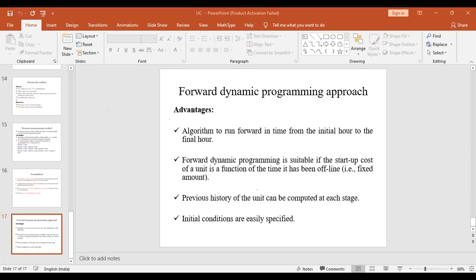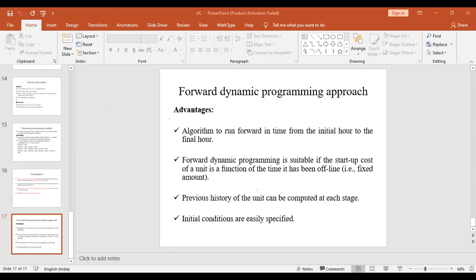The minimum and maximum operating limits for P1 and P2 are given as 20 megawatt up to 150 megawatt for the first unit, and similarly for the second unit. From this we calculate the incremental cost of each unit.